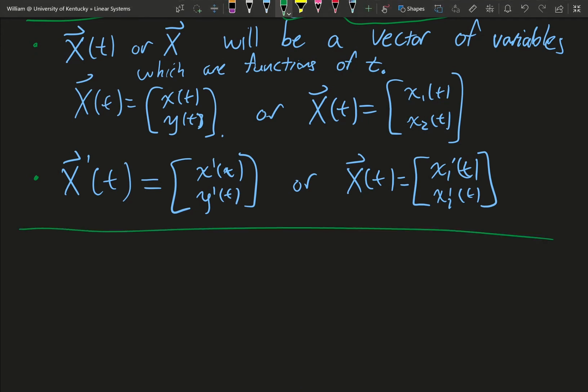Okay. Let's do another example. There's sort of at least one more thing that can get slightly more complicated. Well, kind of two more.